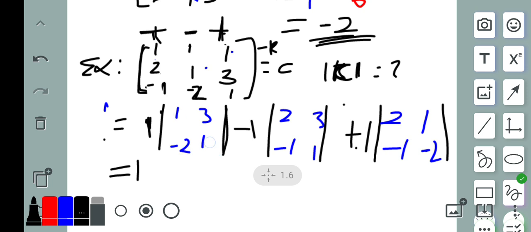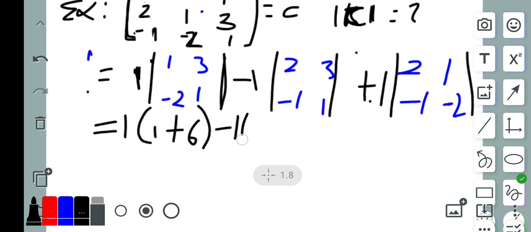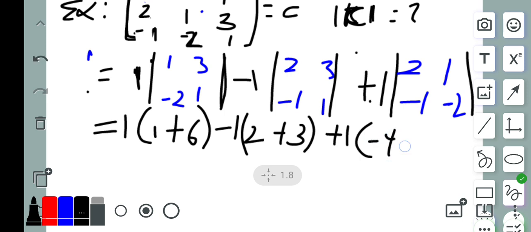That is 1 times 1 gives 1, minus 3 times minus 2 gives plus 6, so minus 6 plus 6, that is 7... 2 times 1 gives 2, minus 3 times minus 1 gives 3, so 2 plus 3 is 5. 2 times minus 2 gives minus 4, minus 1 times minus 1 gives plus 1, so minus 4 minus 1 is minus 3.